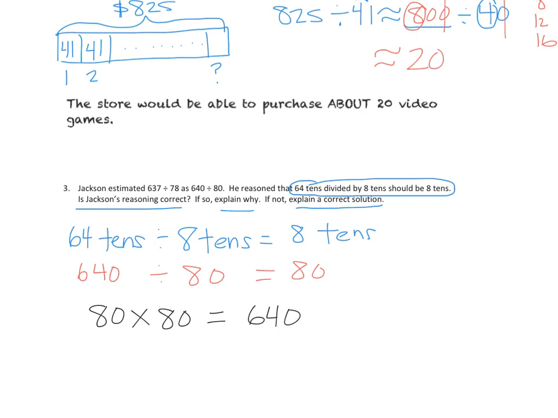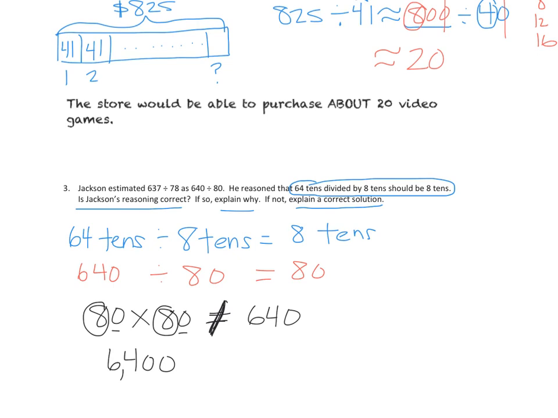Well, let's do the calculation right here. 8 times 8, yes, that is 64. And since we're multiplying the 80 times the 80, we're not going to take away zeros. We are going to be adding the zeros. And so actually it turns out that 80 times 80 is 6,400. So 80 times 80 does not equal 640. This slash going through the equal sign means does not equal.